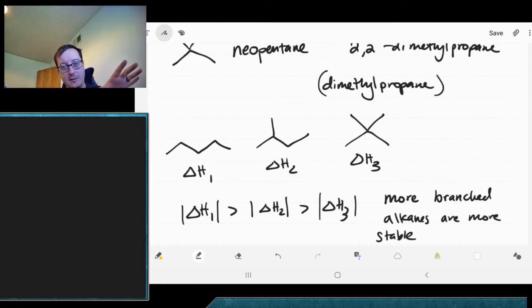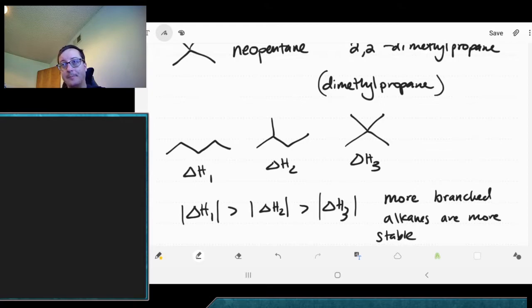It's really not so relevant anymore, but suffice it to say that the more branched your alkanes happen to be, the more stable they are. It's just a fact, for combustion purposes at least. So there's some energy gains to make more branched alkanes than there are to make linear alkanes. But that's all well and good, and we don't need to really worry about that anymore.